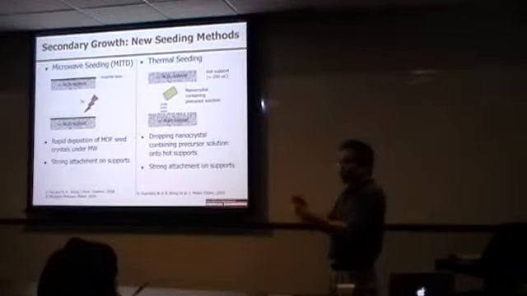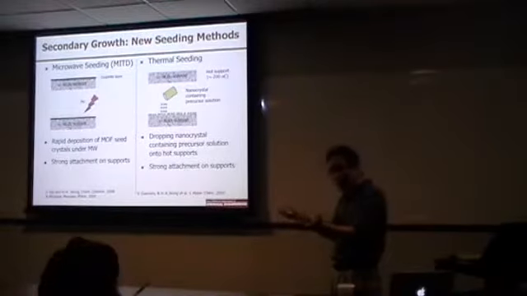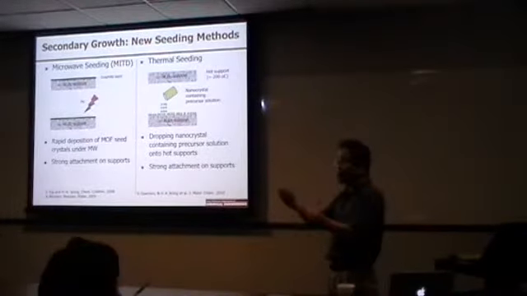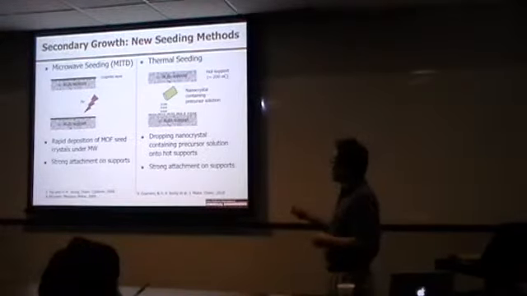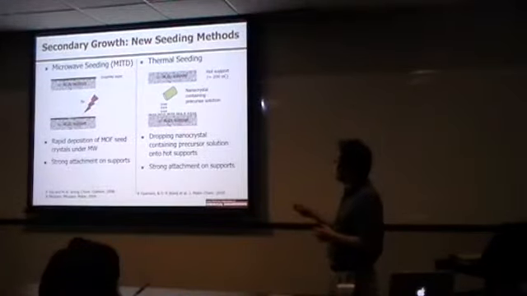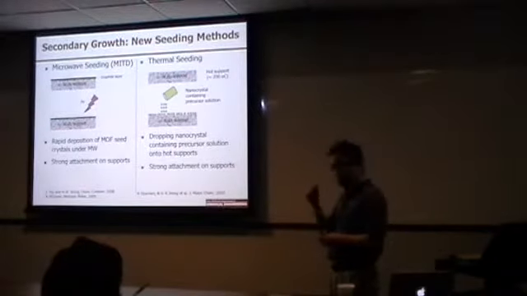This conductive surface will be selectively heated. Why? Because you have electrons. Electrons will interact with electromagnetic waves, microwaves, and then bump into the phonons, and that's basically Joule heating. So you have a very high, instantaneous temperature on the localized surface, and then you will have a formation of MOF crystals instantaneously.